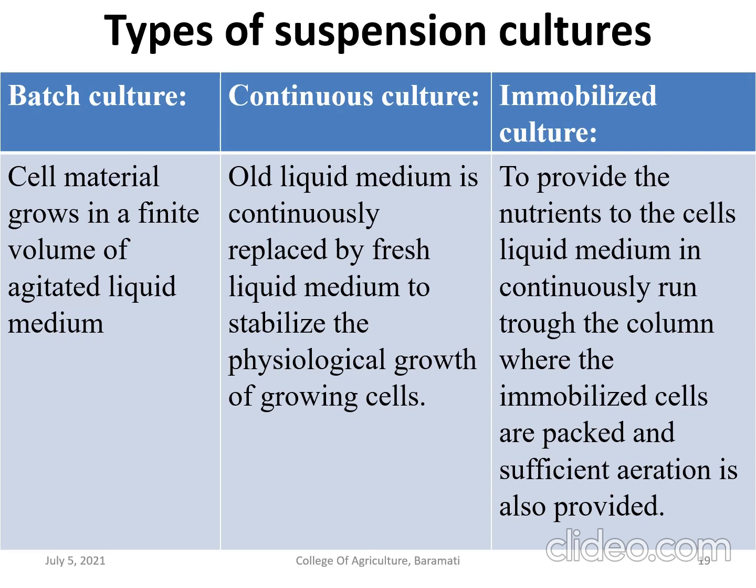So the medium can come inside the bag. Cells can utilize that media and can grow in size. And your bag is freely suspended in a liquid media. So here the culture is known as immobilized culture because of the immobilization of cells on a particular support system.